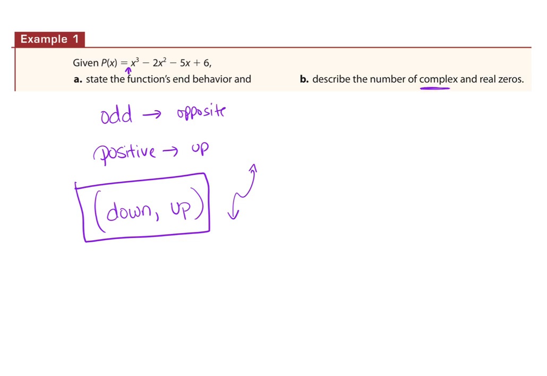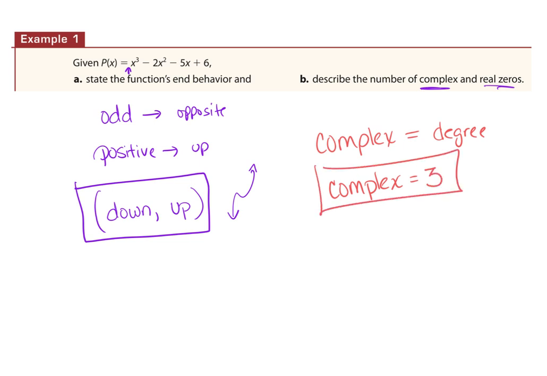Describe the number of complex and real zeros. All right, complex zeros. That will always equal the degree. So the number of complex zeros here is what? What is my degree? 3. Yeah, so I have 3 complex zeros.